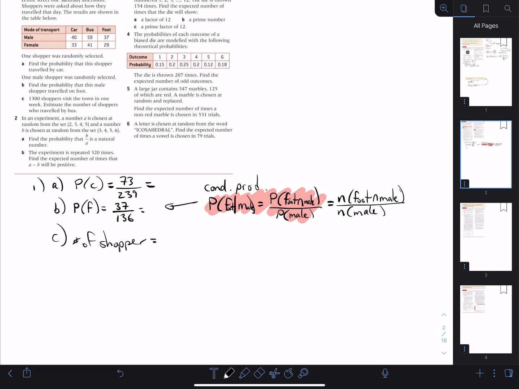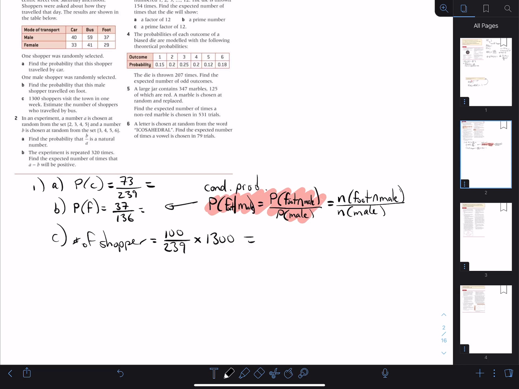Well, what I'll do is I'll figure out what the probability is that somebody is a shopper that is traveling by bus. So bus people, there's 100 out of a total of 239. That's kind of statistically what I'm expecting people on bus, times the number of visitors they get.